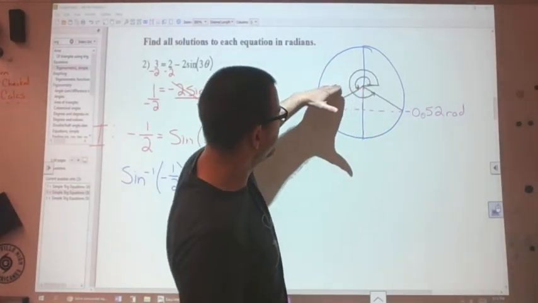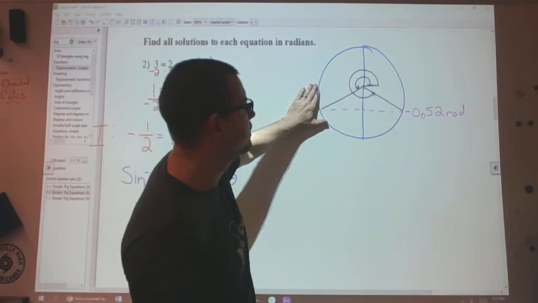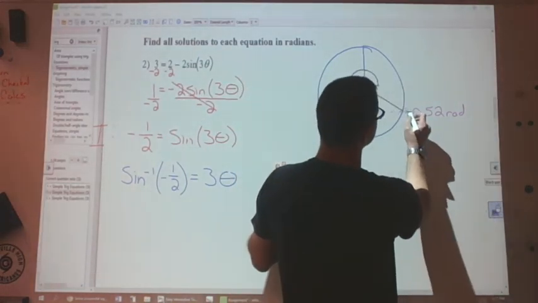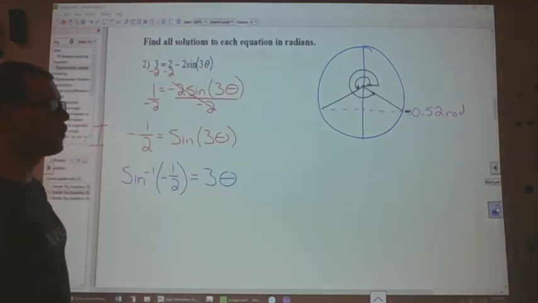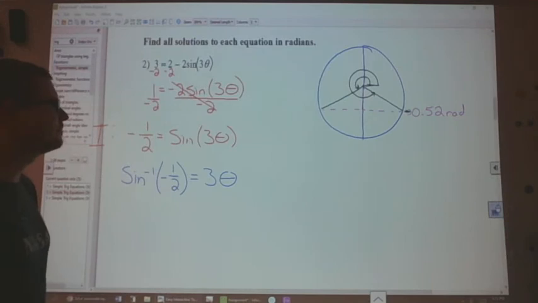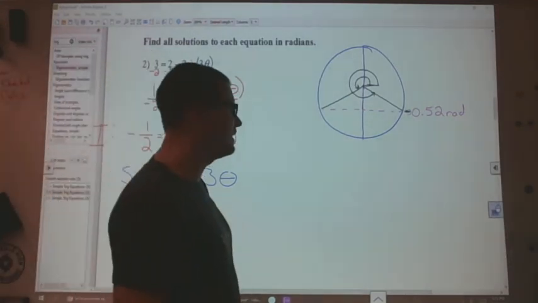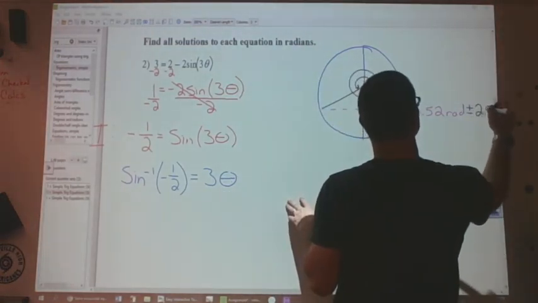I know 180 degrees is pi radians, 3.14. So the only place that negative 0.52 makes sense is at the fourth quadrant, just down a little bit. So right there. Okay. Plus or minus 2 pi.